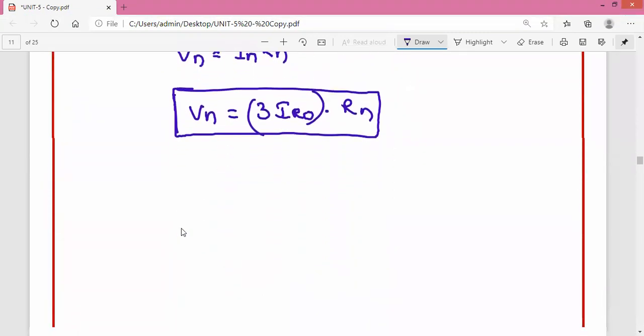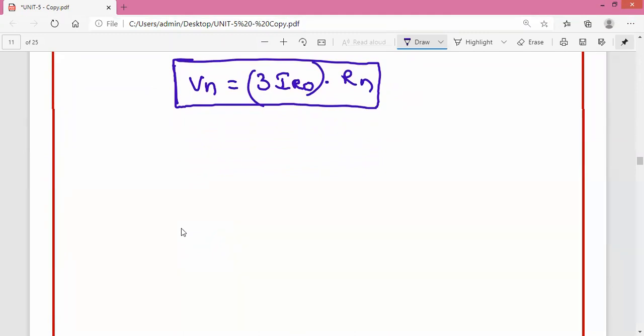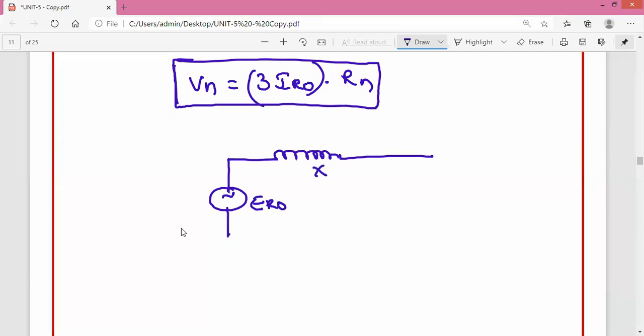Now, how to draw the zero sequence component network: a similar construction, a similar way of drawing. This is the impedance, and this is ER naught, this is X naught, and this is the phase. I told you, the zero sequence component is with respect to ground but not neutral. So this is the neutral, and I am just taking it with respect to ground.